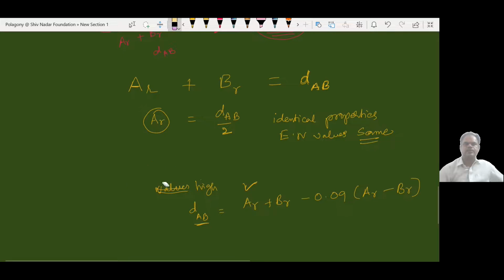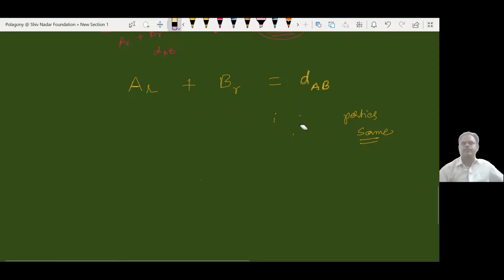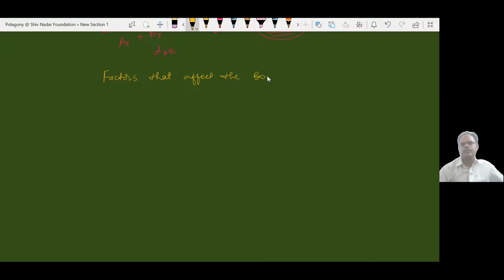Now, let us discuss how bond length is affected by electronegativity and by the size of the atoms. Let us discuss the factors that affect the bond length.